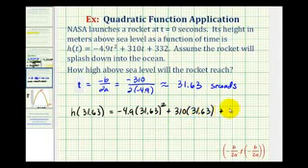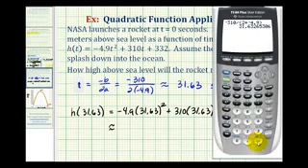And this will give us our maximum height. So we'll go back to the calculator one more time and determine this function value.